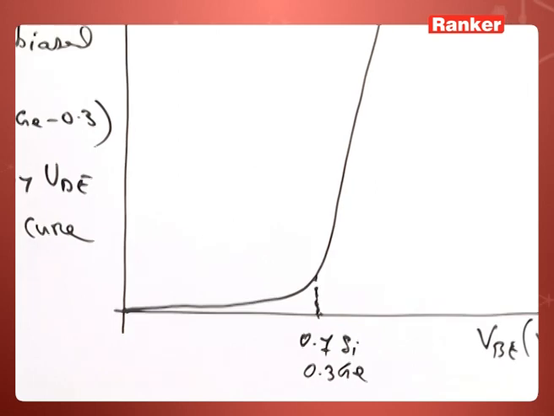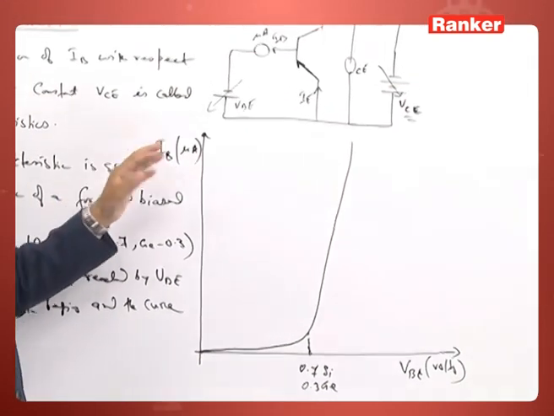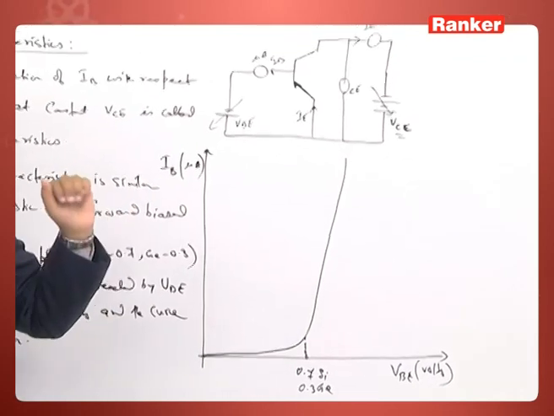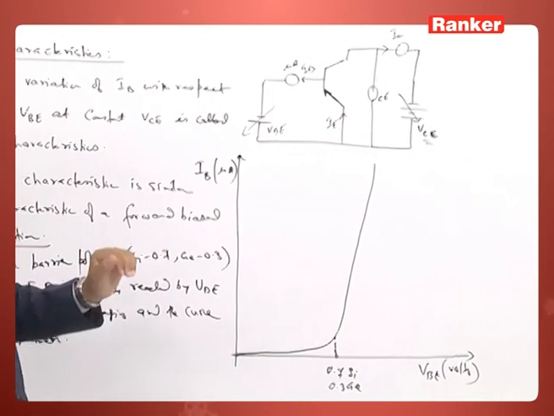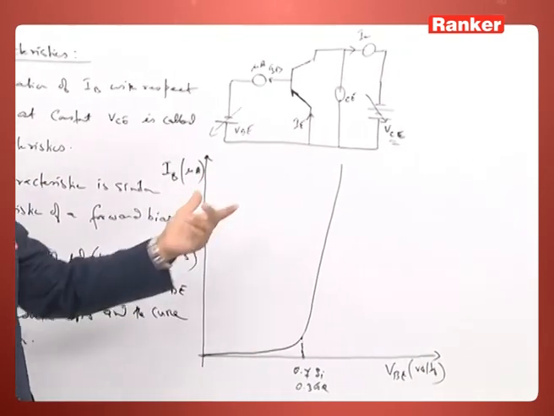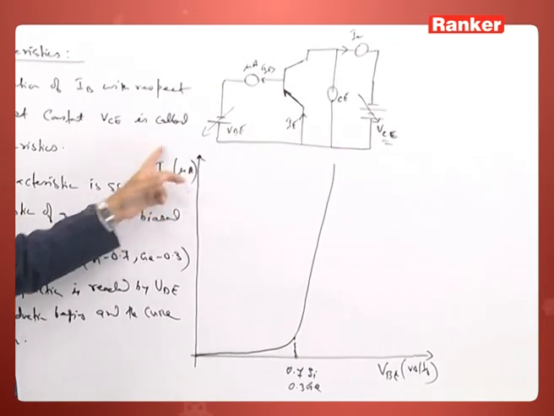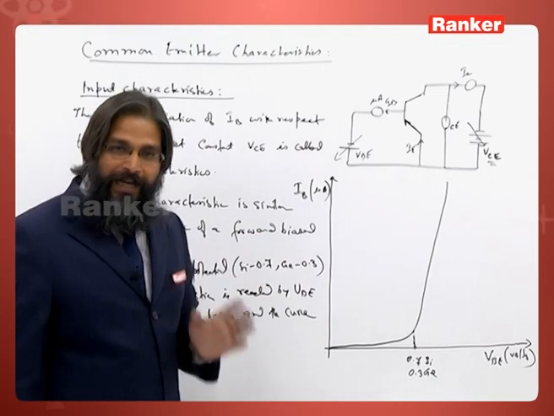Now, you see there is a small difference between the characteristics of a forward biased PN junction and this. In a forward biased PN junction, the current is the whole current that the emitter gives, but here IB is a portion of the emitter current.